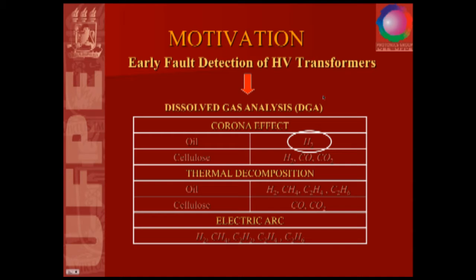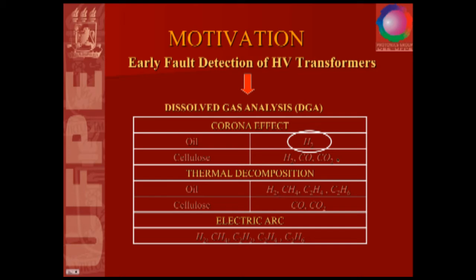Generally, this equipment is insulated by mineral oil, and some specific gases start to appear dissolved in the mineral oil. For instance, corona effect gives rise to those gases shown here. Thermal decomposition also produces a number of gases that can be found dissolved, and so does electric arc.